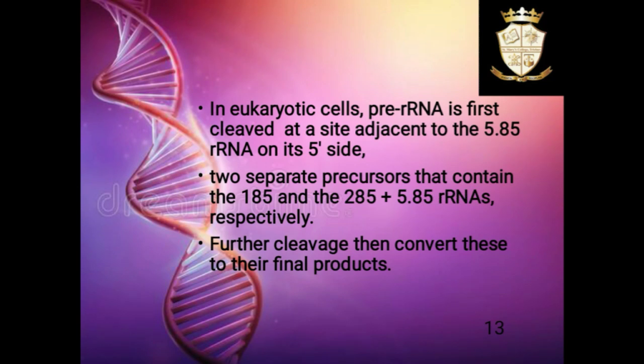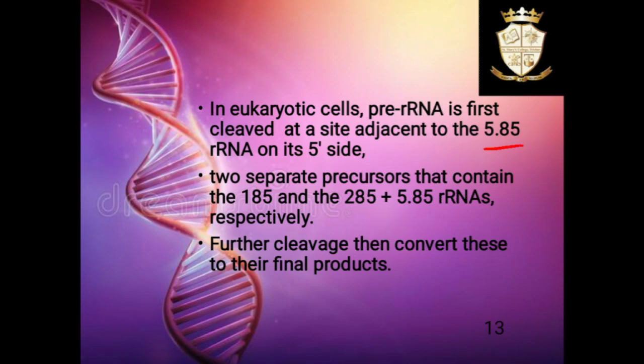In the eukaryotic cell, the pre-rRNA is first cleaved at the site adjacent to the 5.8S rRNA on its 5' side to separate the precursors that contain 18S and 28S plus 5.8S rRNAs respectively.